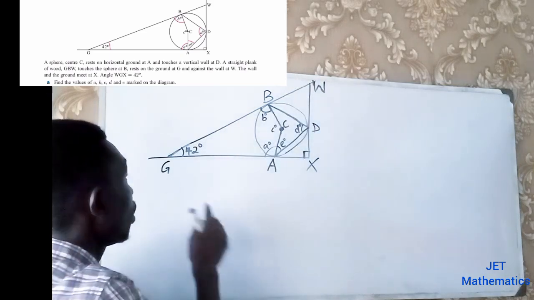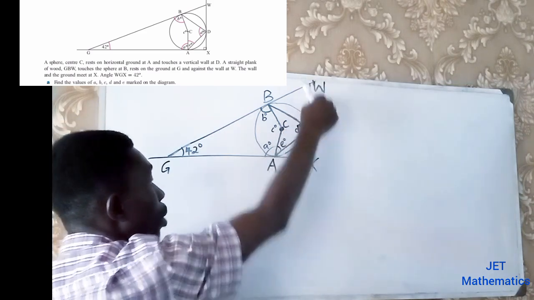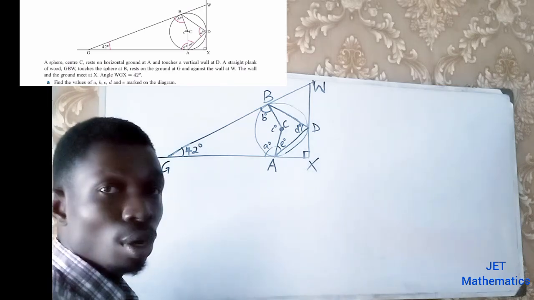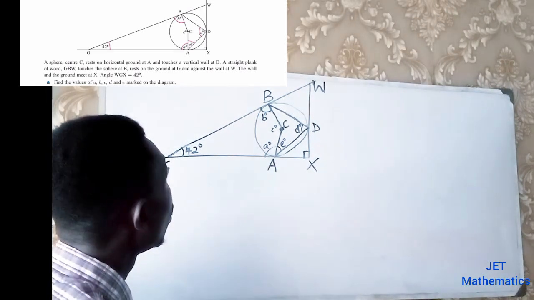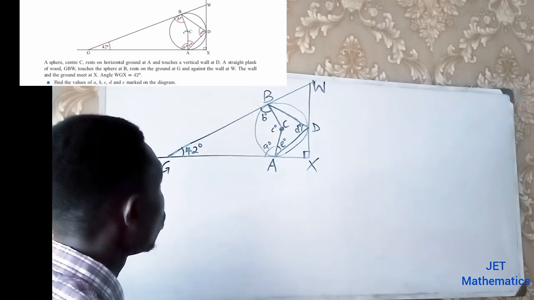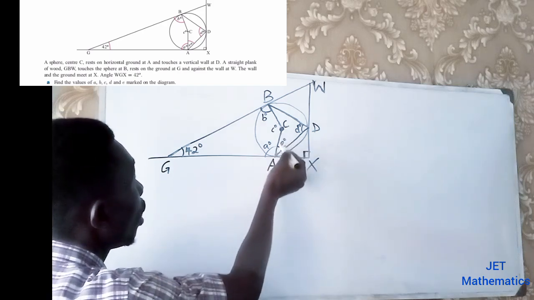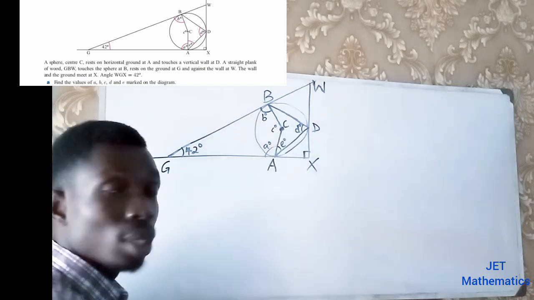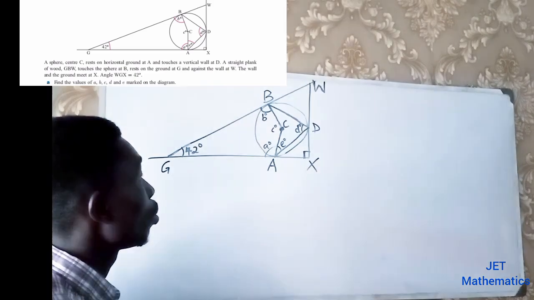GW is a tangent, GS is a tangent, WX is also a tangent. So quickly, we're going to see how to solve that. First, we're going to get A. We're going to use the theorems from circle geometry to get our solution.